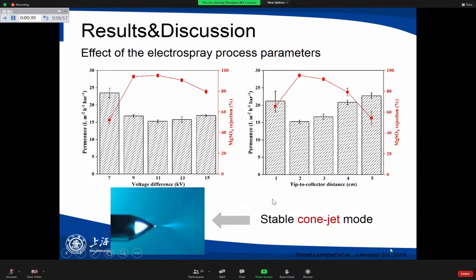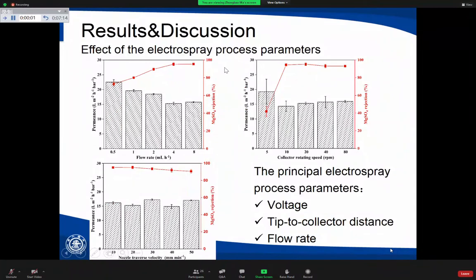In this mode, the size distribution and the stability of droplets are the best. Monomer can contact and react effectively to form a complete PA layer, while other parameters such as collector rotating speed or nozzle traverse velocity have little effect on the membrane formation and performance.